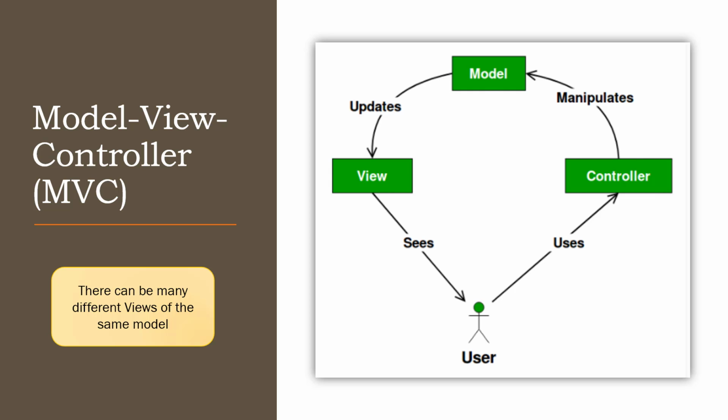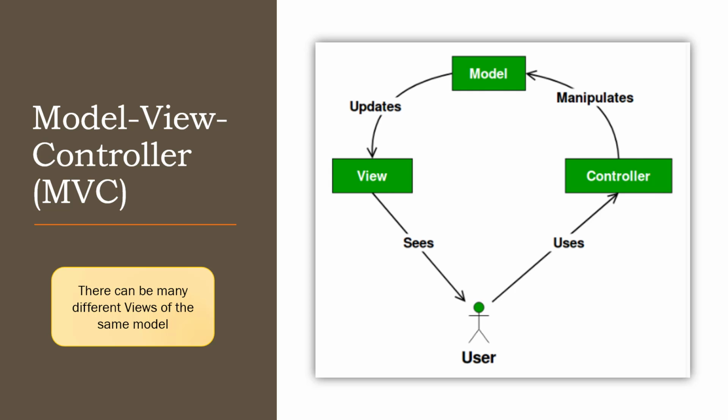It was built into Java, commonly used in Java, but it's also a design pattern that's used in ASP.NET and C#. So it's a very common pattern, and the idea is to separate the user interface from the model and the controller. So it's got three parts to it.